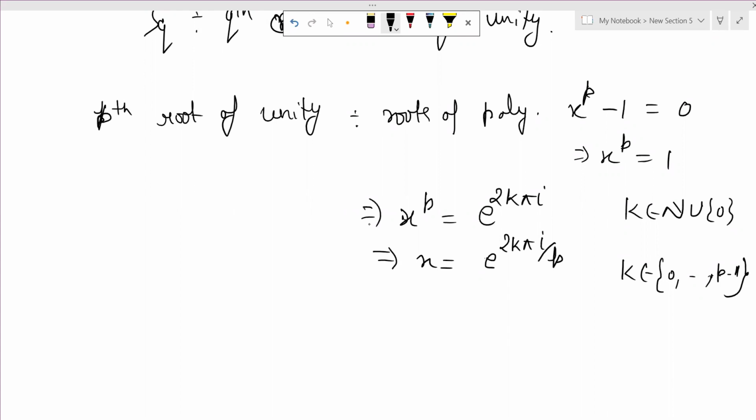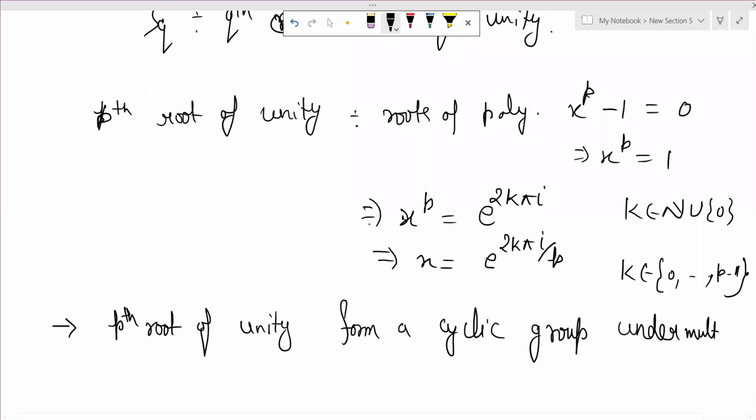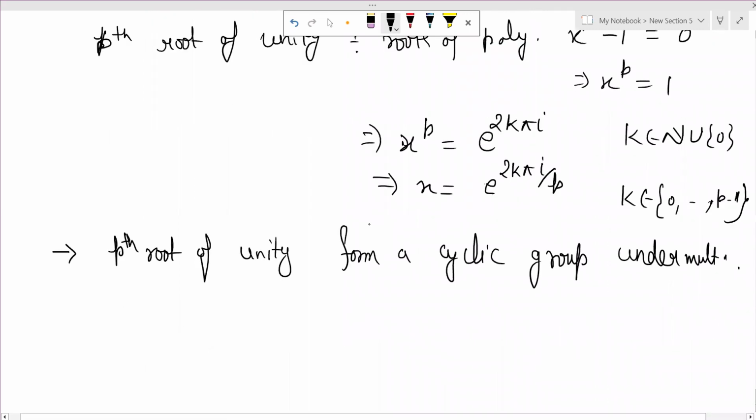So what are the primitive roots? The first observation is that the pth roots of unity form a cyclic group under multiplication.